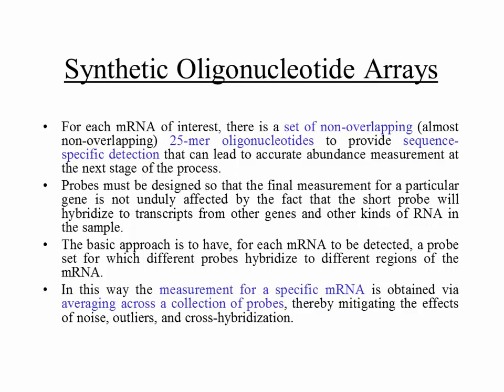And the basic approach is to have for each mRNA to be detected a probe set for which different probes hybridize to different regions of the mRNA, right? And in this way, the measurement for a specific mRNA is obtained via averaging across a collection of probes, thereby mitigating the effects of noise, outliers, and cross-hybridization, right?